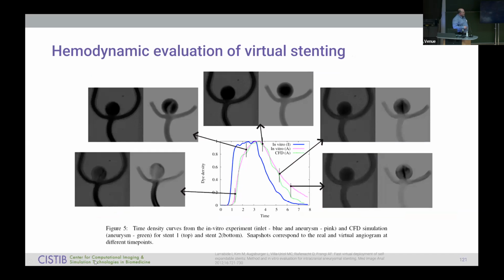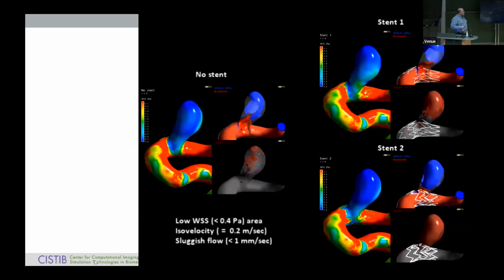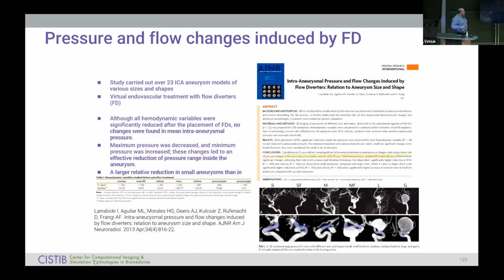The other two curves, the pink and the green, are two measures inside the aneurysm. They show complete overlap between the time dilution curves of the virtually deployed aneurysm and the experiments, injecting a contrast agent and looking at the time dilution curves. Okay.